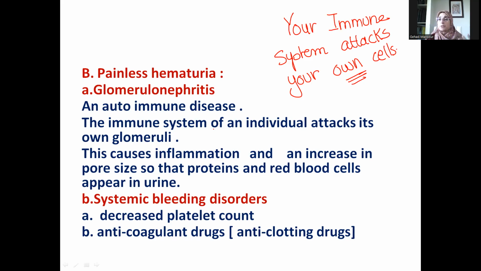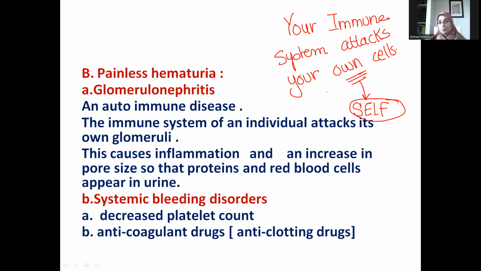Your immune system is supposed to attack only non-self molecules, but is not supposed to attack self molecules. Your own molecules are considered self. Your immune system knows your cells by heart, and normally it should never be mistaken. It should always identify your cells as self and therefore not attack them.